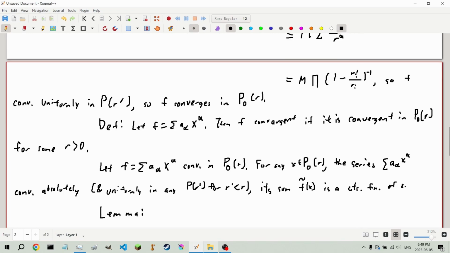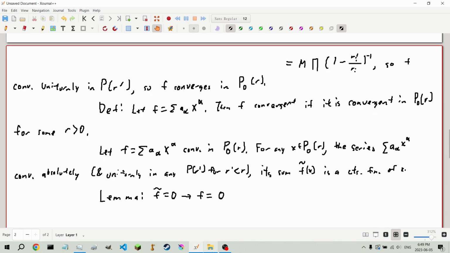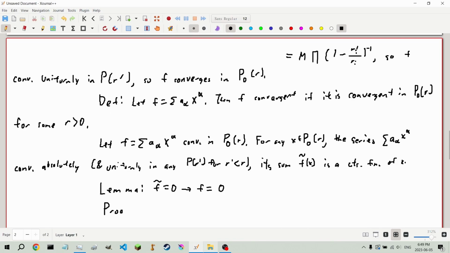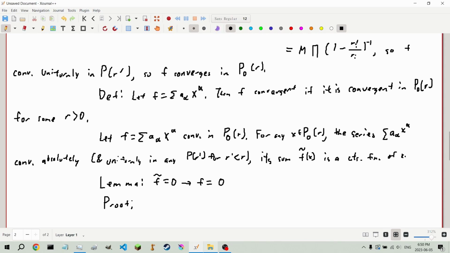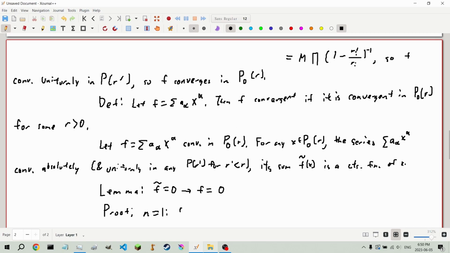This all motivates a lemma which states that if this sum is 0, then f is going to be 0. Proof? We're going to do this inductively, of course. For a base case, n equals 1, we're going to do the contrapositive, I believe.